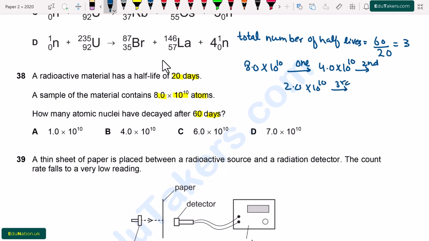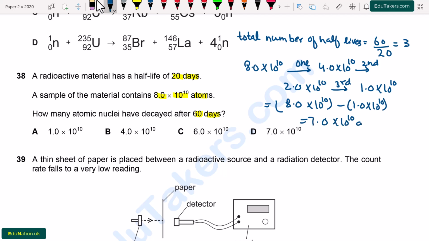After the third half-life, there will be 1.0 × 10^10 atoms. These are undecayed atoms, and to find the decayed atoms, it will be 8.0 × 10^10 minus 1.0 × 10^10, which is 7.0 × 10^10 atoms. So option D is correct.